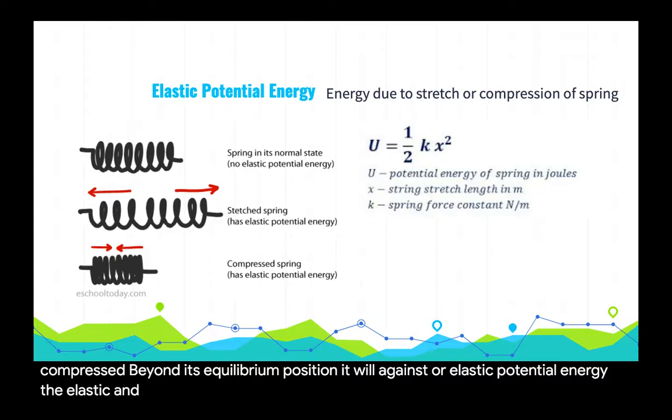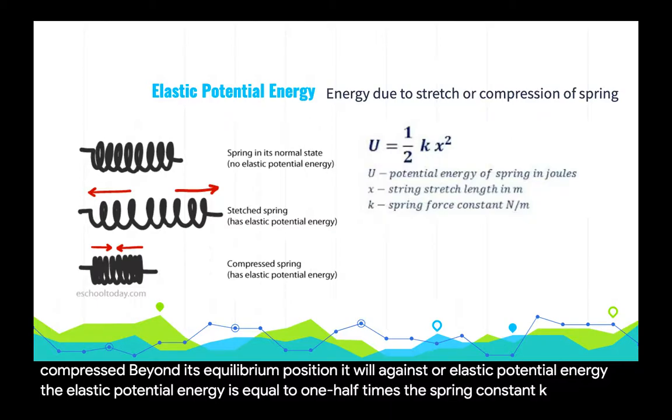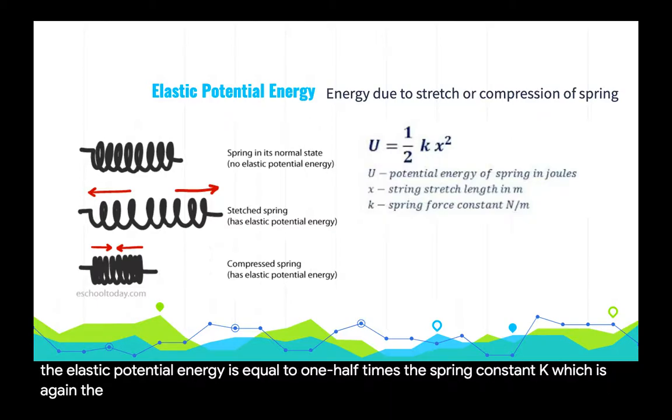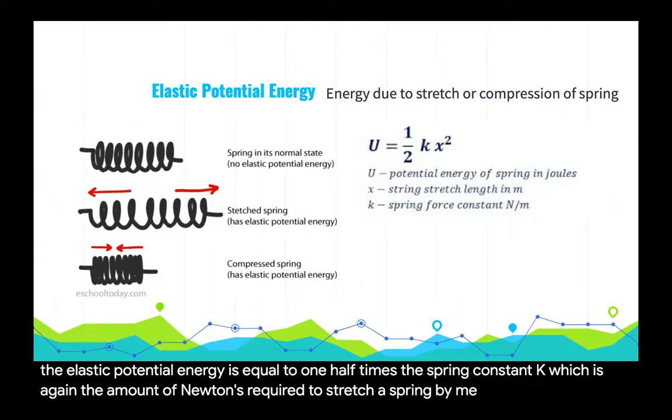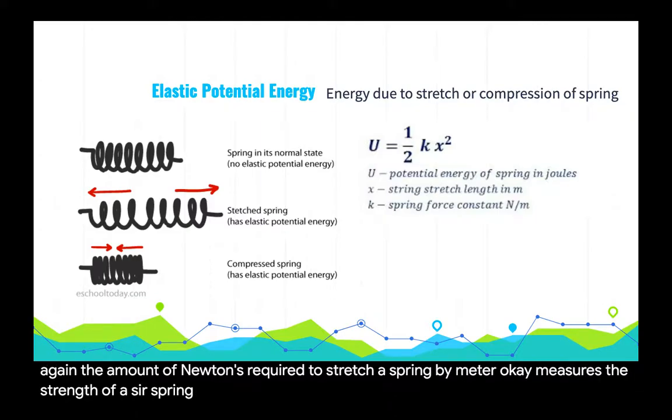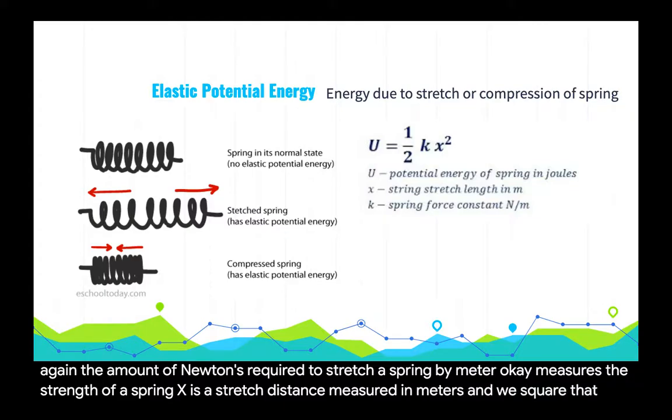The elastic potential energy is equal to 1/2 times the spring constant k, which is again the amount of newtons required to stretch a spring by a meter. k measures the strength of a spring. x is the stretch distance measured in meters, and we square that.